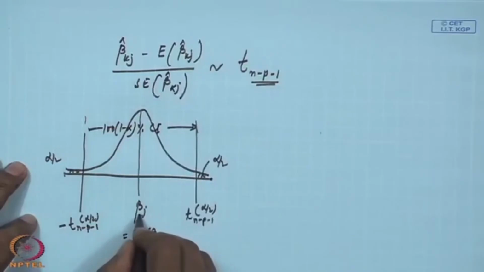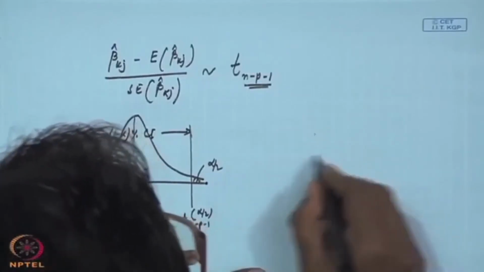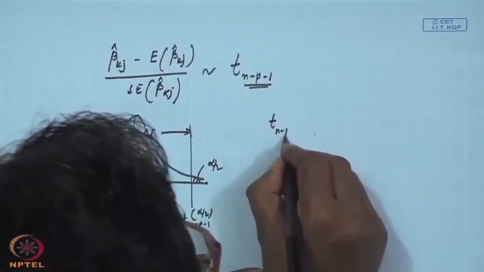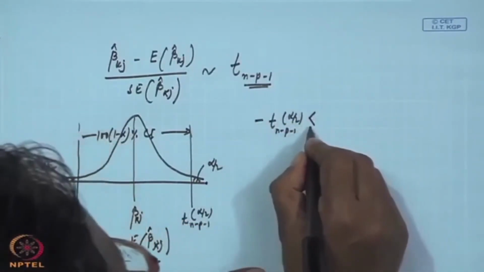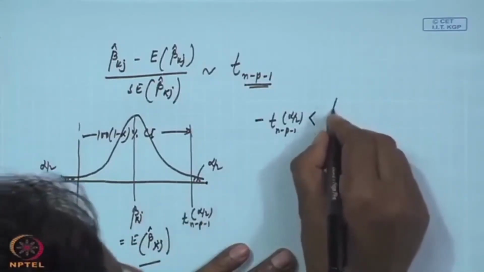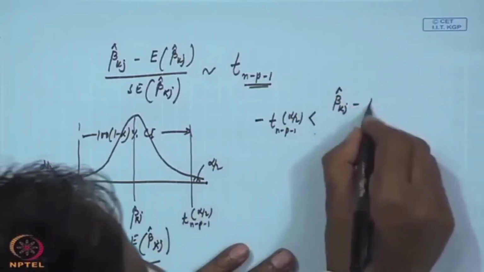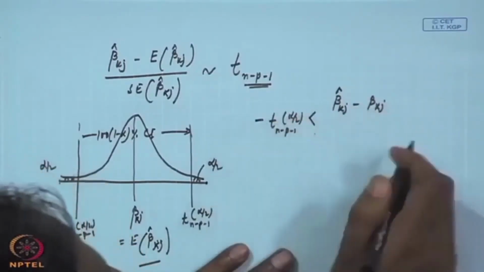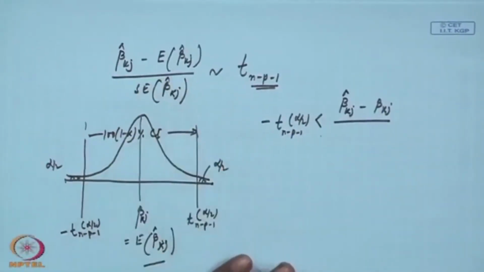Here we are using beta kj, because k is coming from the dependent side. So you can write that minus t n minus p minus 1, alpha by 2, is less than beta kj cap minus beta kj, divided by the standard error of beta kj.